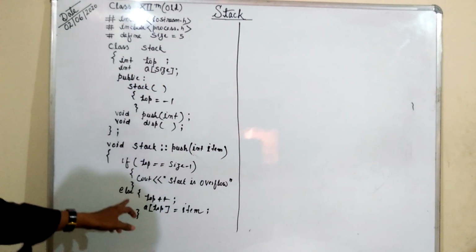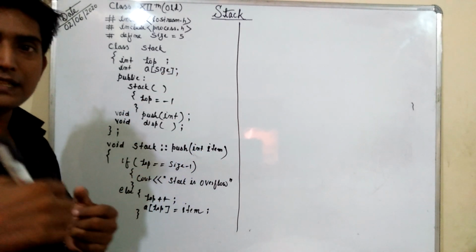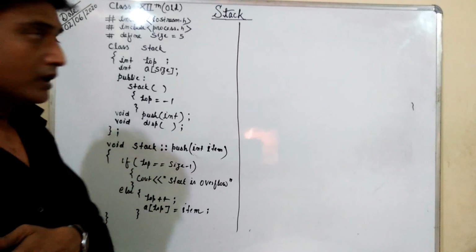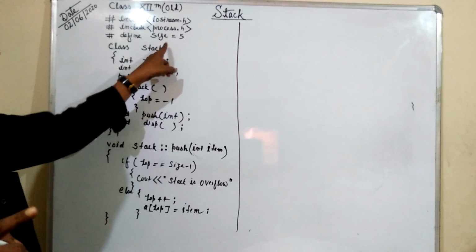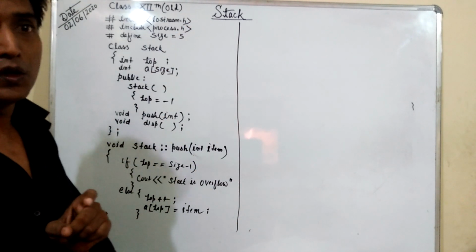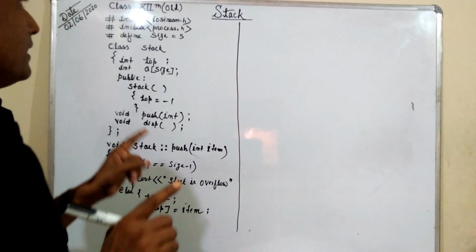Now we can understand these things. Type size - 1 means the array will be initialized from 0. Okay, so 0, 1, 2, 3, 4. I have taken the size 5, so it will be initialized from 0. That's why size - 1 means it should be 4.